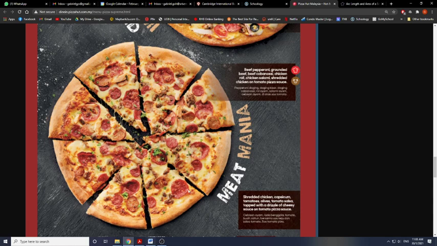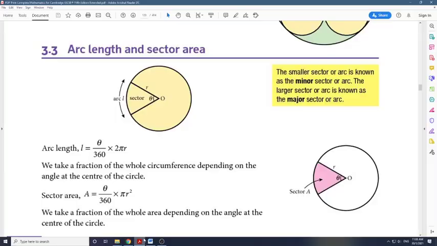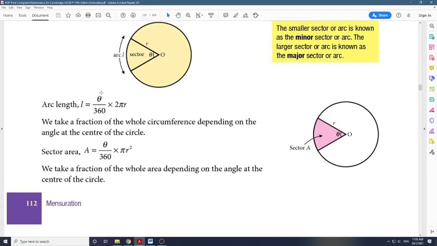So how are we going to calculate arc and how are we going to calculate sector? It's two different formulas, but actually very much related to the formulas you are familiar with. 2 pi r, that is the circumference, correct? Whereas theta over 360 is simply the fraction, because one whole round is 360.